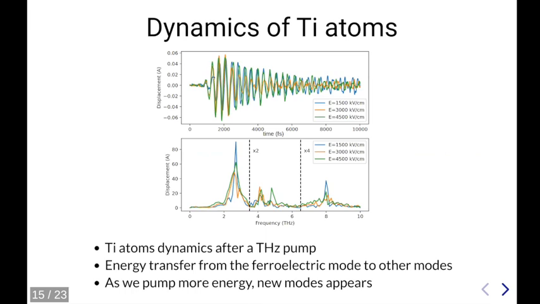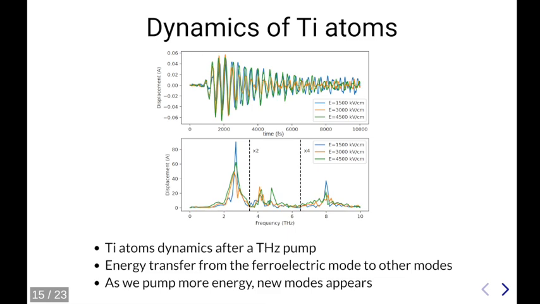However, we can also solve the full system. Here we have the dynamics of the titanium atoms. I took one titanium atom along the same direction as the polarization of the incoming electric field, and here is the average position of the titanium as a function of time, and we can see that when the pump arrives, we have an excitation and then a slow decay.